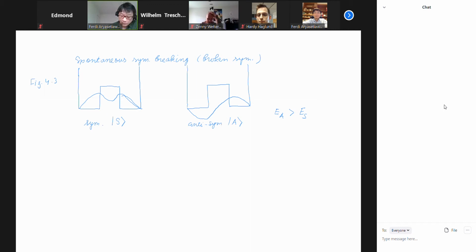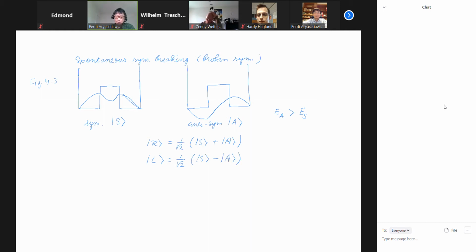So let's have a look at the linear combination of these two. Call it R, the linear combination of the symmetric and antisymmetric solution, and L, S minus A like that.